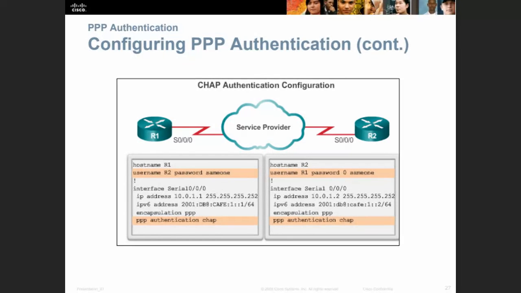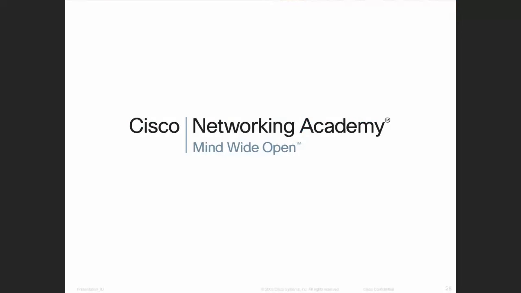The CHAP authentication is simpler. You put R1 and then you put R2 and password, and you use the command authentication CHAP. Let us do the lab. Any questions, by the way, on this chapter?